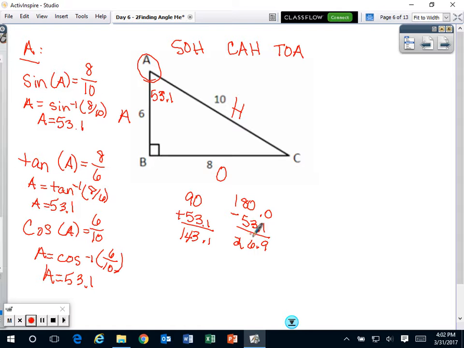So we get 26.9. So for angle C, we get 26.9.